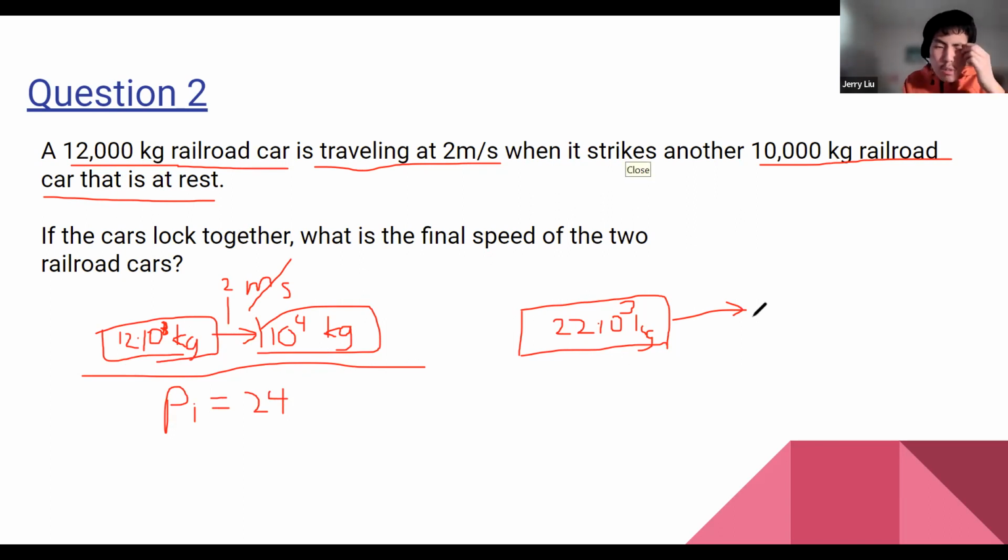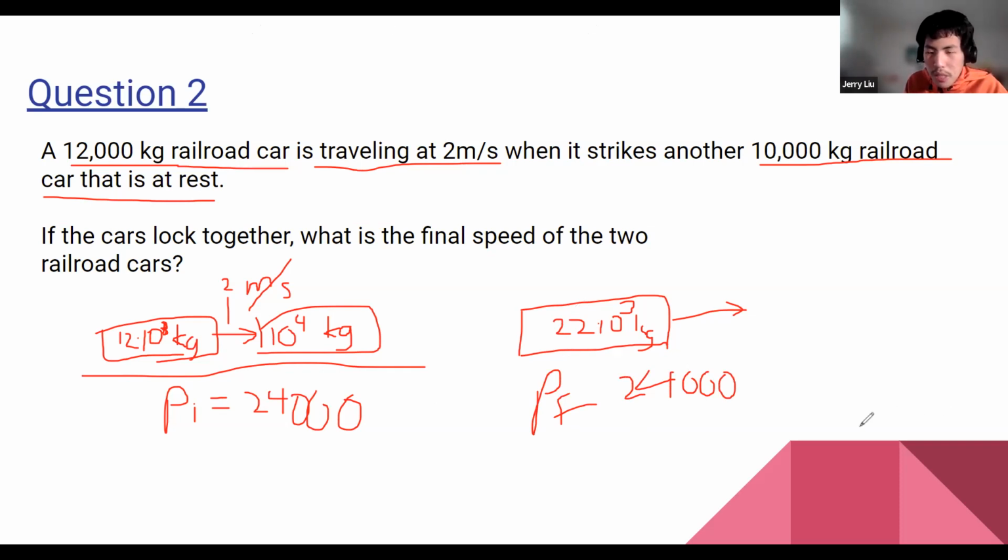Yes, the answer is 12 over 11 meters per second. And so P final must also be 24,000 kilogram meters per second. Since the mass is 22,000, you just divide by that and you'll get 24 over 22, which is the same thing as 12 over 11. So yes, you're correct.